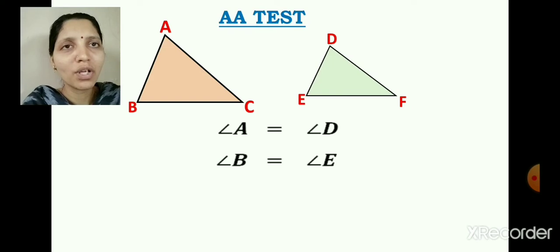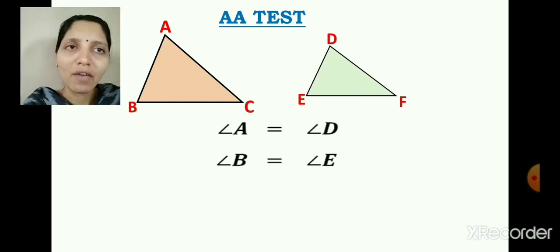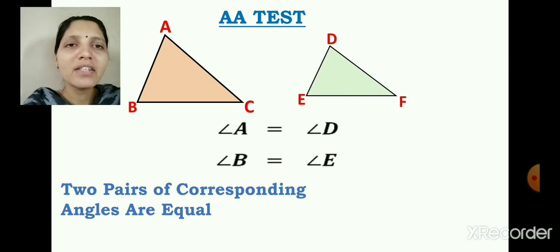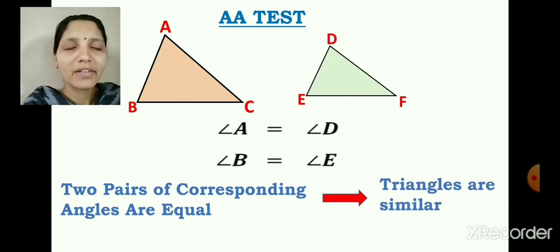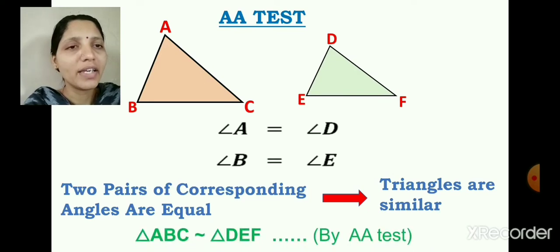So if you know the measure of two angles, the third angle you can find. So in that way we can show angle C is equal to angle F, and then we can say that triangle ABC is similar to triangle DEF by AA test.